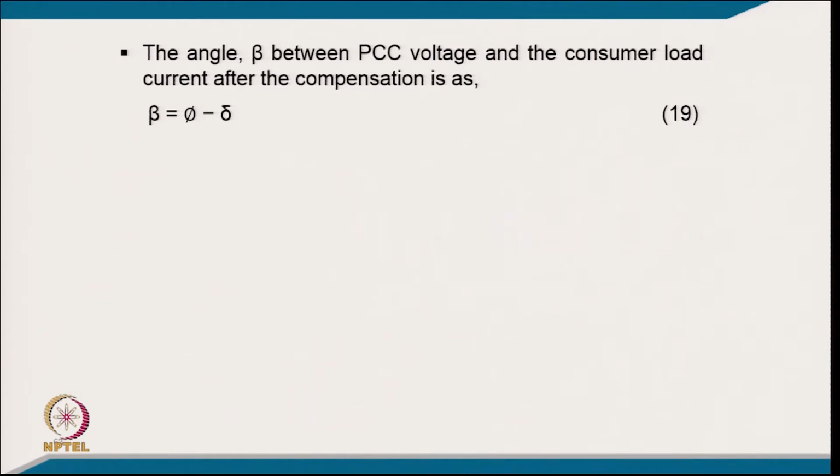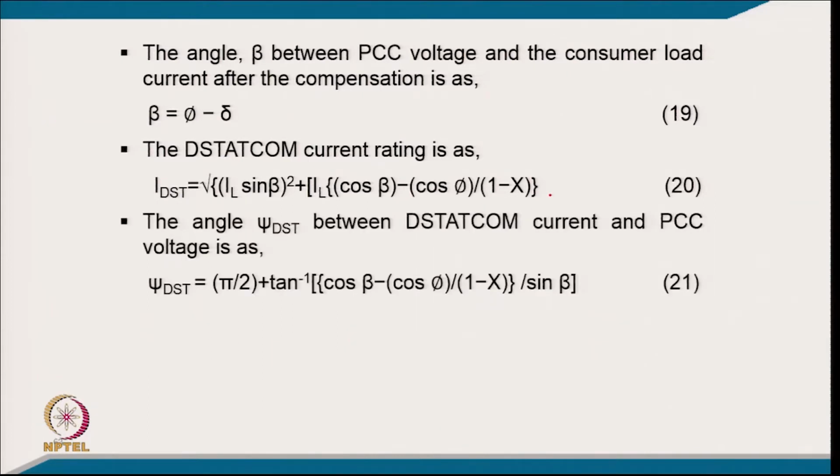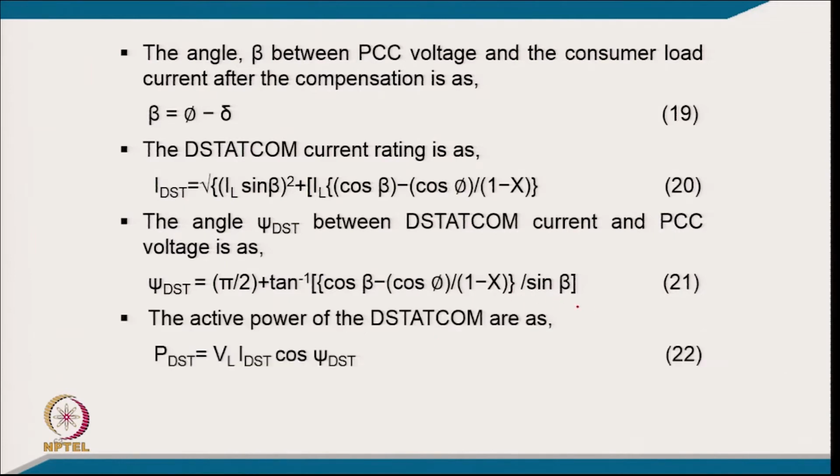So, you can consider that compared to phi, now this angle is reduced, and it means part of the reactive power is compensated by the DVR. The D statcom rating can be calculated now as I S DST equal to IL sin beta square plus IL cos beta minus cos phi, divided by 1 minus x. And the angle phi DST between the D statcom current and PCC voltage can be calculated as pi by 2 plus tan inverse of cos beta minus cos phi upon 1 minus x divided by sin beta.